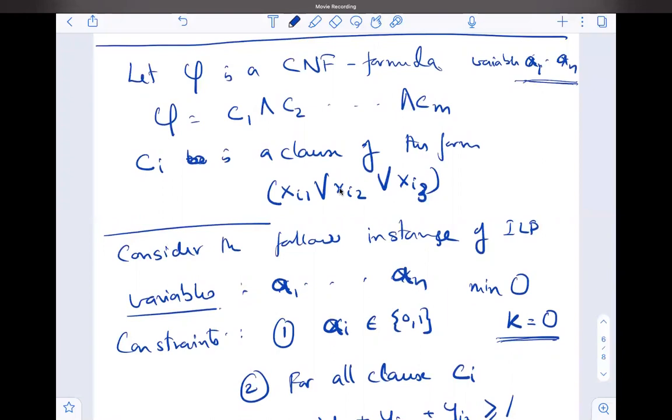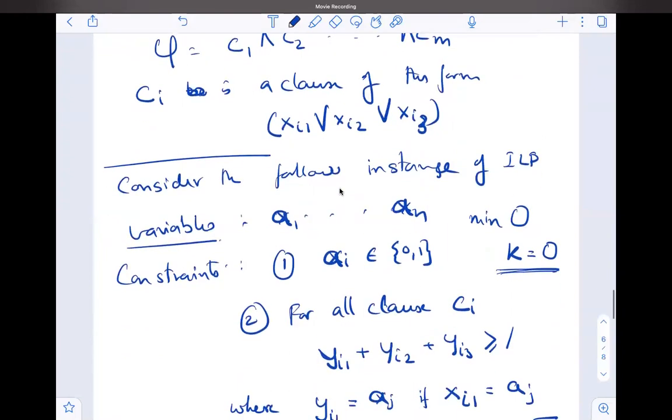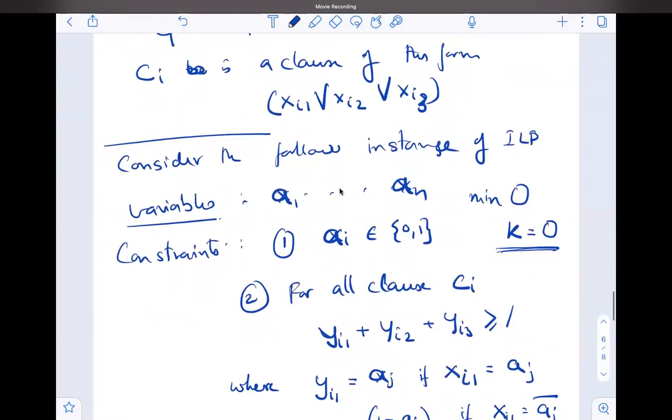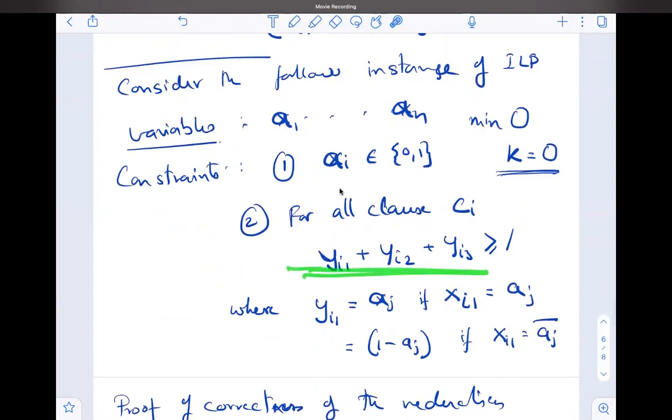And the formula here means this inequality over here. It's just mapping true to 1. This one is evaluating one clause.